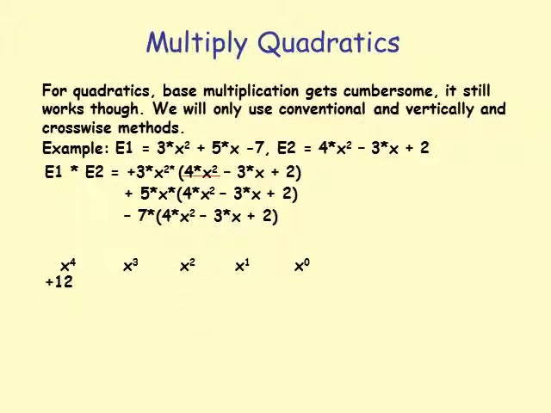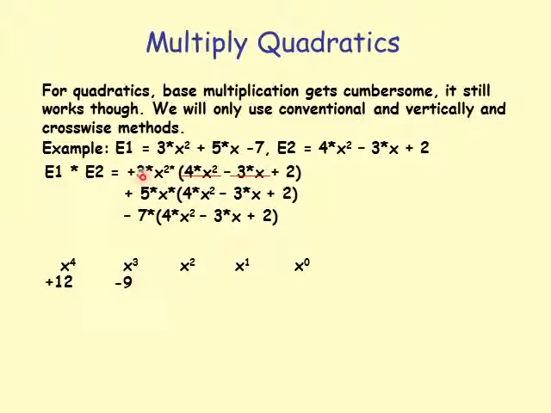Now 3x squared times minus 3x would give me minus 9x cubed. So we would have minus 9 under the x cubed column, and we used up this term.